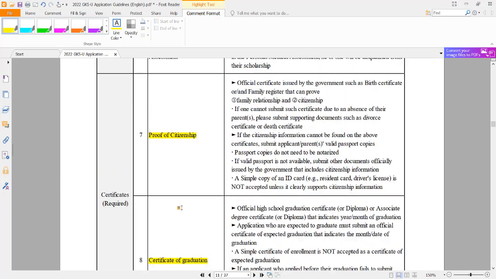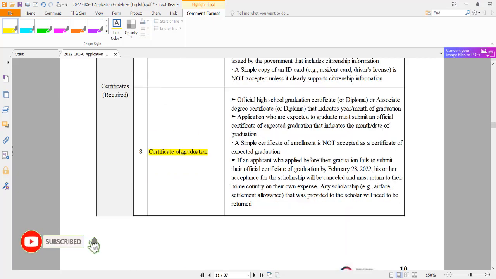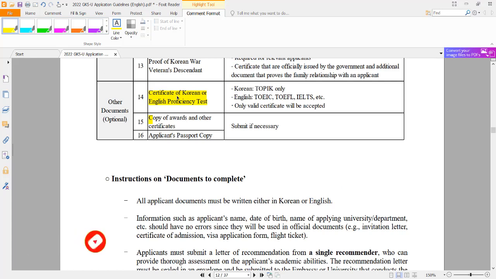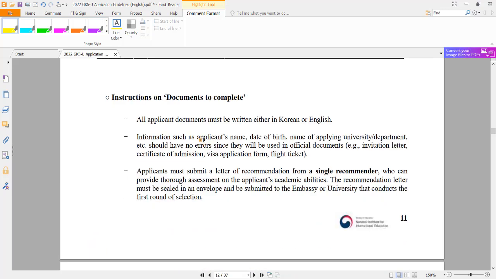So only 4 documents as of now: the proof of citizenship, certificate of graduation, transcript, and Korean or English proficiency. These 4 things need to be apostilled, whether you are getting it from the embassy or consulate, or from your Ministry of Foreign Affairs.